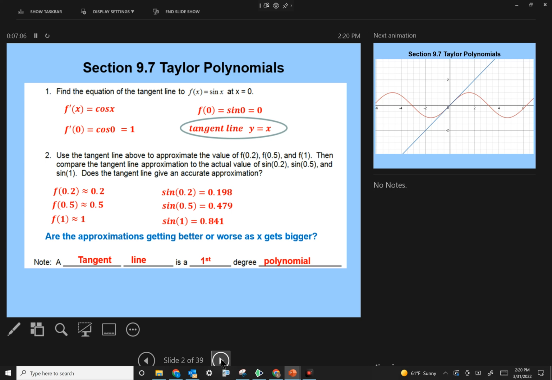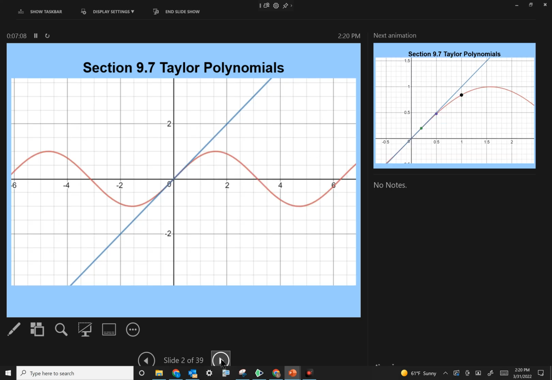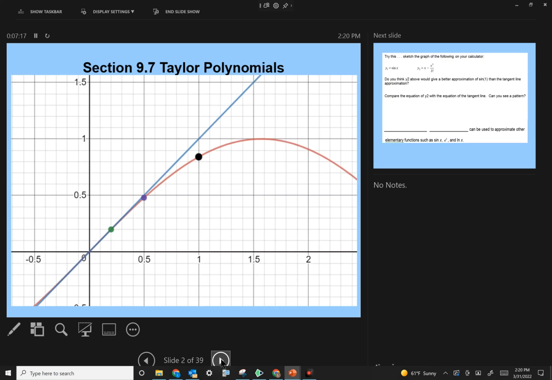Okay. So I just want to show you a picture. The red is my sine graph, and the blue is my tangent line that I drew at x equals 0. And notice I zoomed in a little bit. These are the points that we plugged in, the 0.2, the 0.5, and the 1, okay? It's actually on the curve. Right here, the tangent line and the curve are almost the exact same thing. Do you see that when I zoom in?